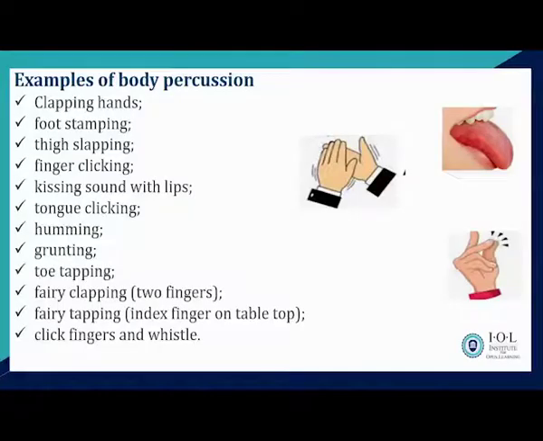Let us look at examples of body percussions. You clap your hands, stamp your feet, thigh slapping, finger clicking, kissing sound with the lips, tongue clicking, you hum to the music, grunting, toe tapping. All those are part of body percussions when you listen to music that you can do.